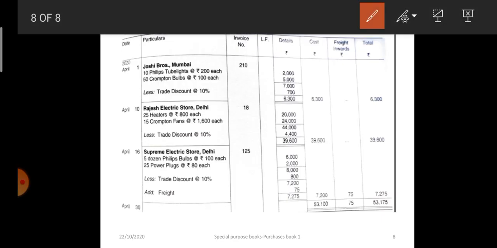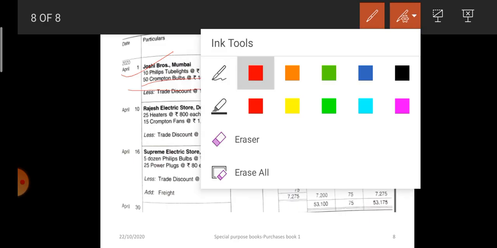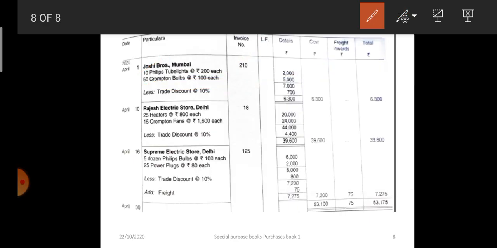On April 1st, we purchased from Joshi Brothers 10 tube lights at the rate of 200 each. Invoice bill is mentioned in the question, so it is 2000 rupees. 50 Crompton bulbs of 100 each, so 5000. Total is 7000 rupees. From that 7000, 10% trade discount will be deducted, so it is 6300 rupees. There are no freight charges, so the total amount is also 6300 rupees.